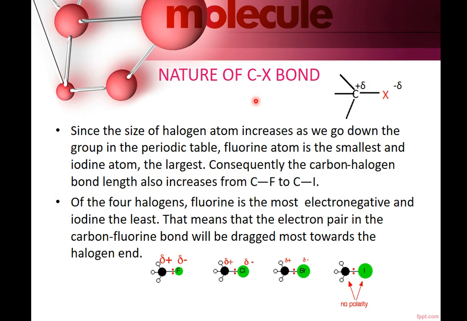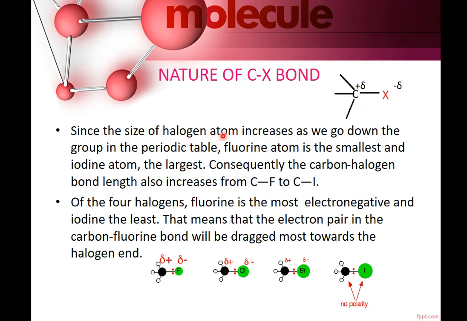Nature of the C-X bond. You can see here, halogen is more electronegative as compared to carbon. So this electron pair is attracted more towards halogen. It acquires a slight negative charge and carbon acquires a slight positive charge. So that's why the bond is polar.